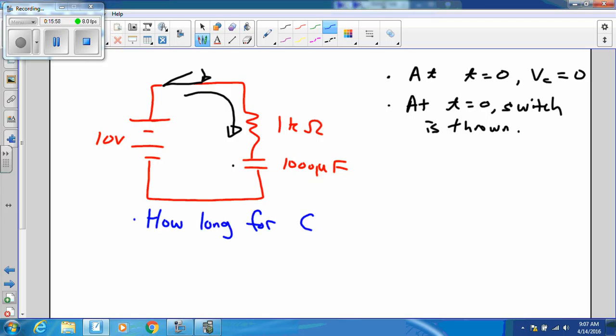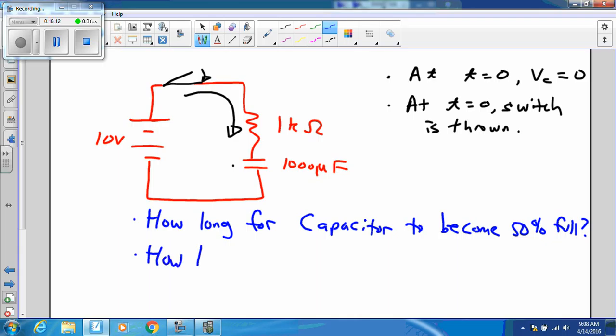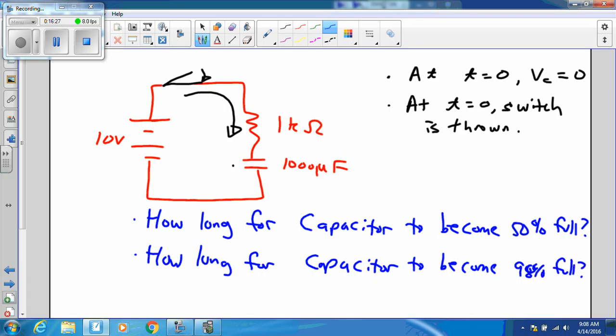Number one is, how long for the capacitor to become 50% full? Next question, how long for the capacitor to become 98% full?